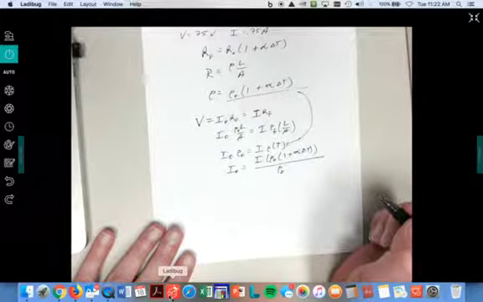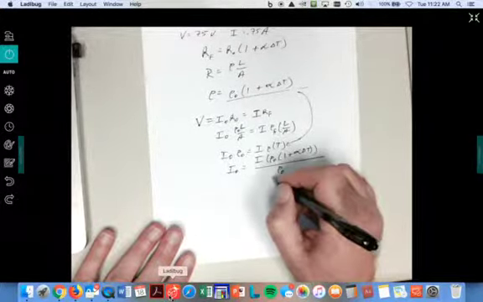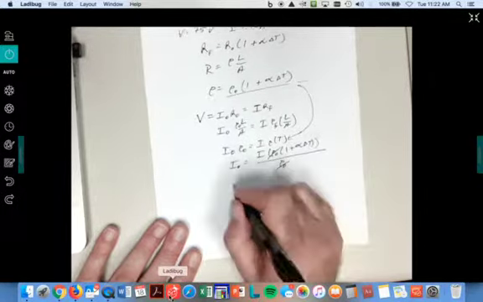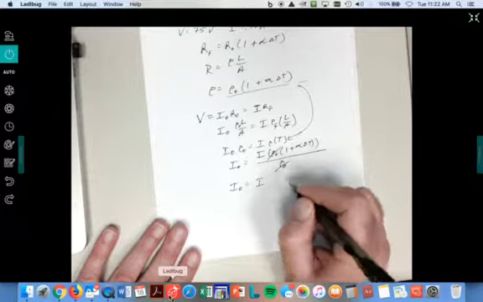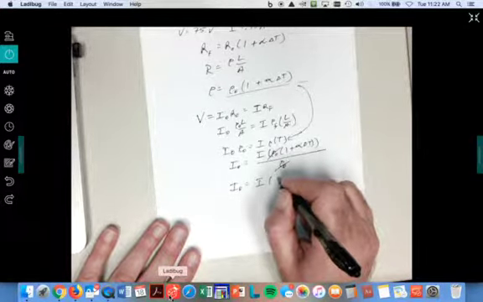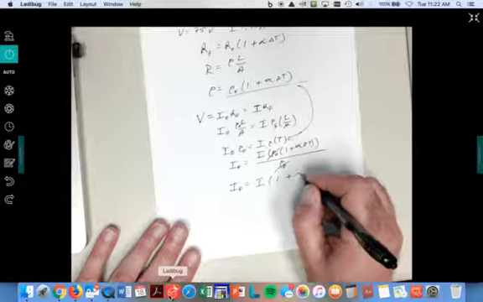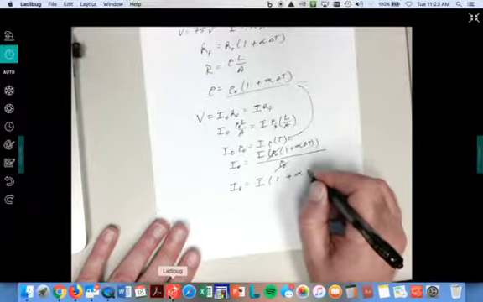Aha! The rho naughts cancel. And so I naught is equal to I times 1 plus that alpha times that change in temperature.